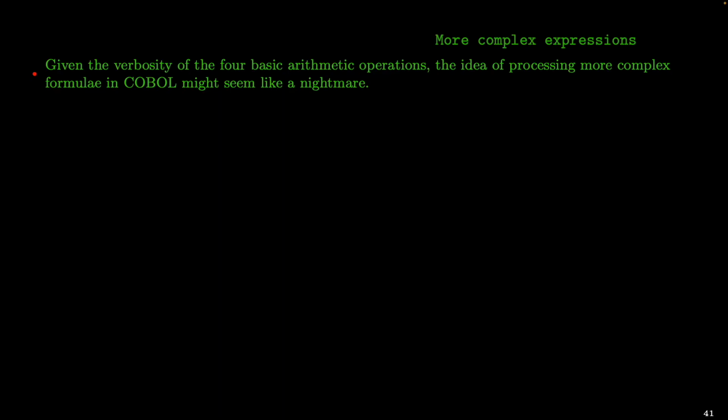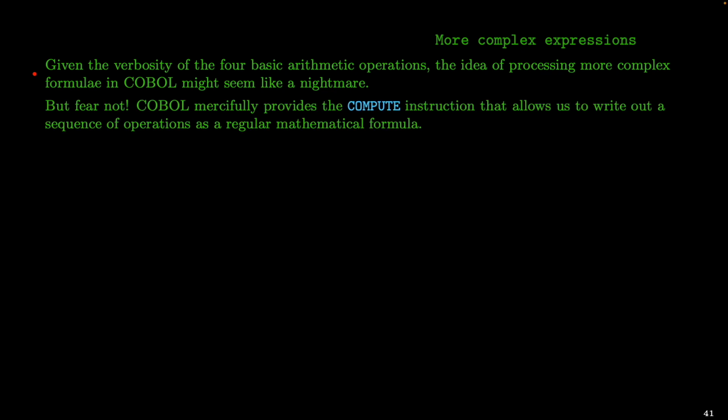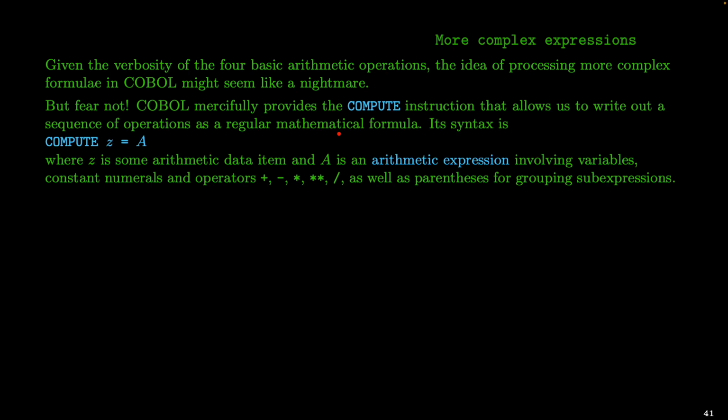If you look at these 4 modes of performing basic arithmetic operation, then it might seem like a nightmare to have to process more complex arithmetic expressions in COBOL. But luckily, COBOL does provide a compute instruction that allows us to write out a sequence of operations as a regular mathematical formula. And I suppose this is, in most cases, preferable to using the verbose version of the arithmetic operations.